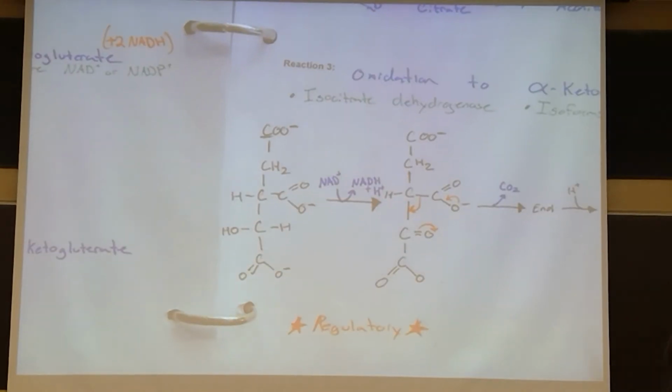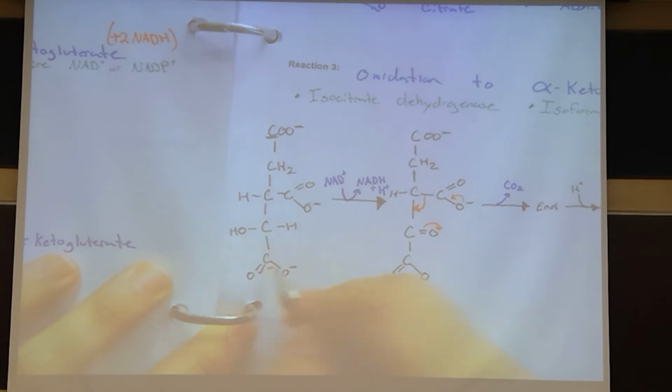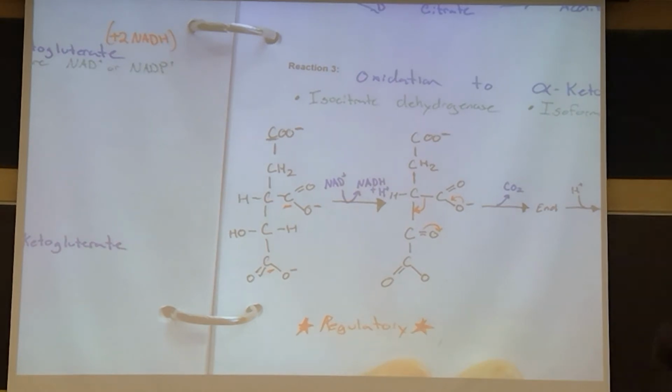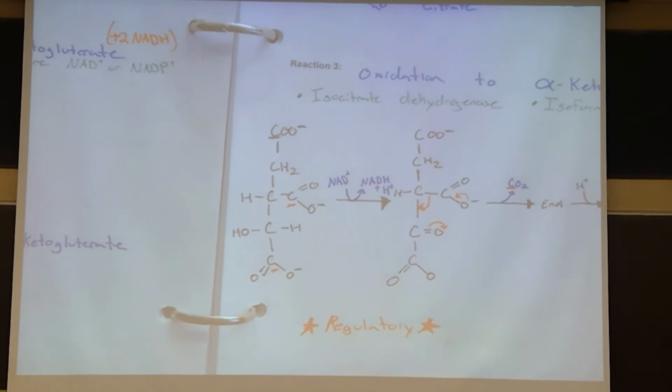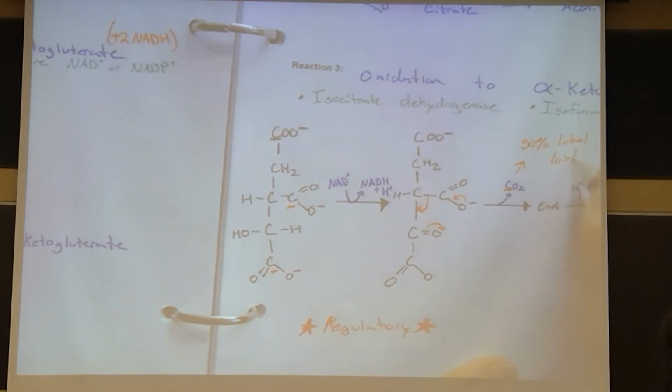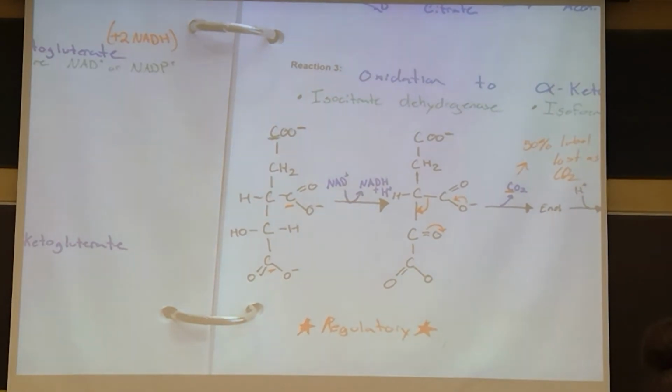Third cycle, my radioactive isotope is here, my radioactive isotope is here. What happens on reaction 3 of the second turn? You lose one of the CO2s, right? So you lose half of the label as CO2 on the second turn of your third step.